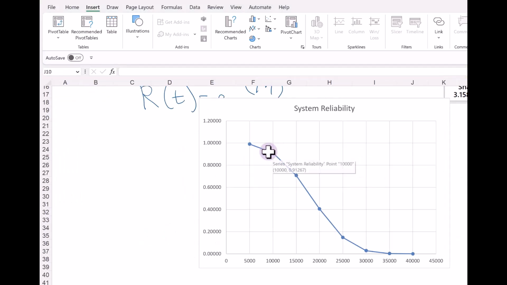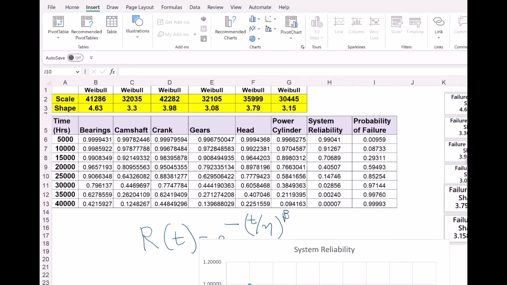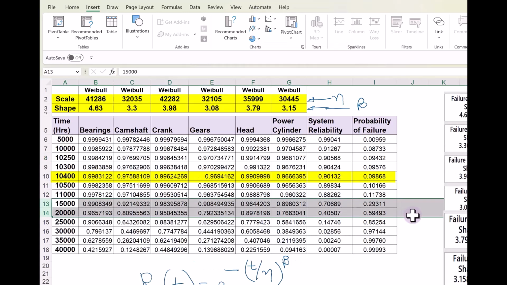As we can see in the system reliability graph, and also from the table, at 10,000 hours the system reliability is 0.91, and at 15,000 it drops to 0.70. So obviously the B10 life is between these two, and is likely to be closer to 10,000. So we can add a few rows here, and after adding a few interim values, we can find that the B10 life is approximately 10,400 hours.